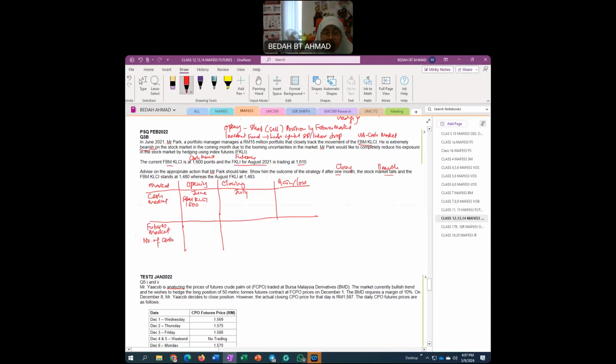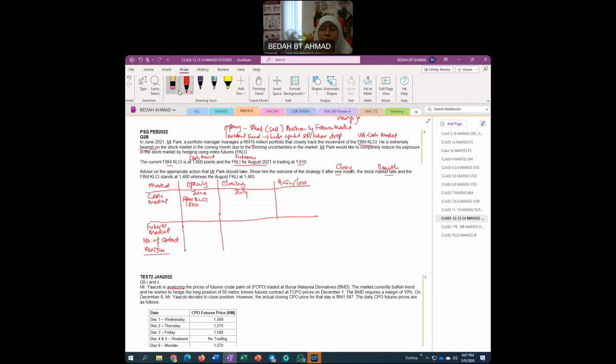The number of contracts is the investment fund to hedge, which is RM 15 million, divided by the index point of futures. So you need to calculate the index point futures. So FKLI for August 2021. Okay, this is June, August.